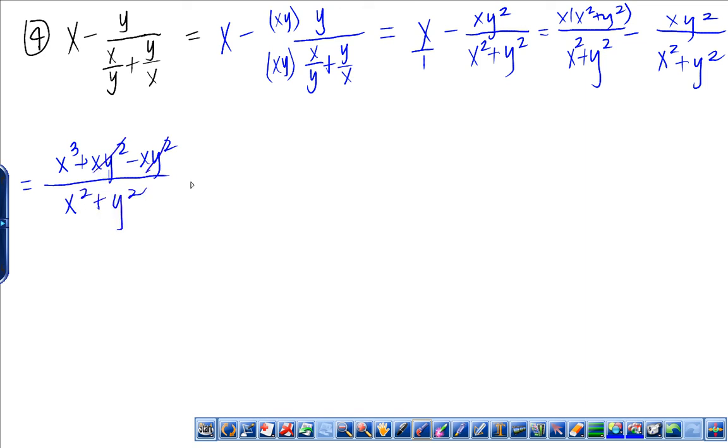And this cancels. So this is x cubed over your denominator. That's it. You cannot cancel these x's because this bottom one is a binomial. It is connected as one. And that's it.